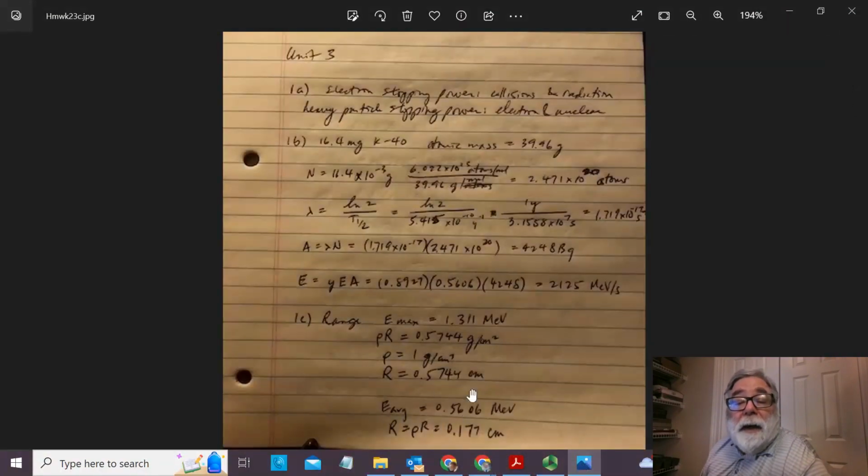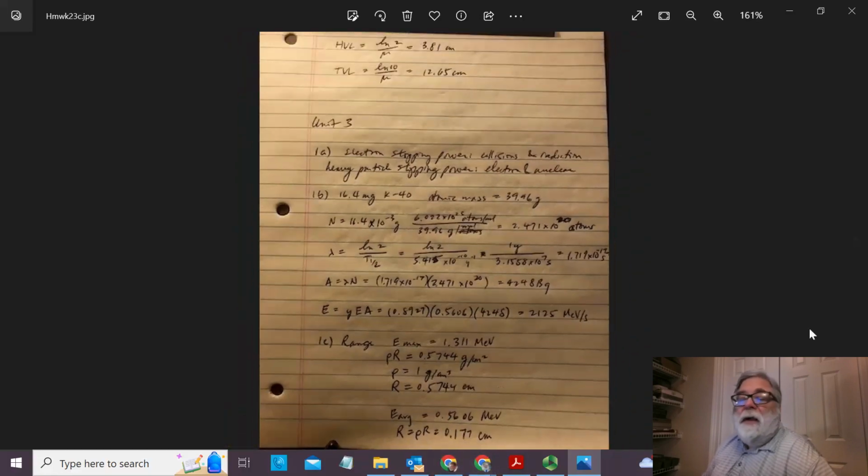For some reason I read it wrong again. I wonder whether maybe I chose a different material when I did it this way. Maybe I did use adipose. But it's 0.22 square centimeters per gram, divided by 1 gram per cubic centimeter. It's 0.22 centimeters. So that's 2 millimeters.